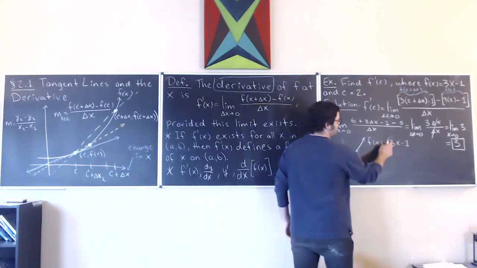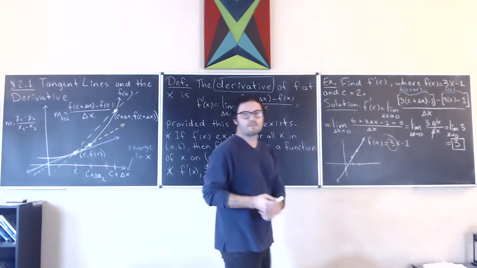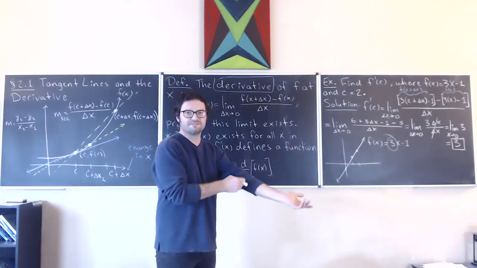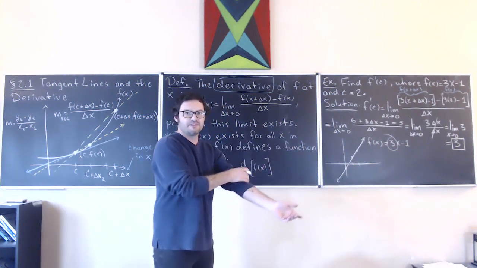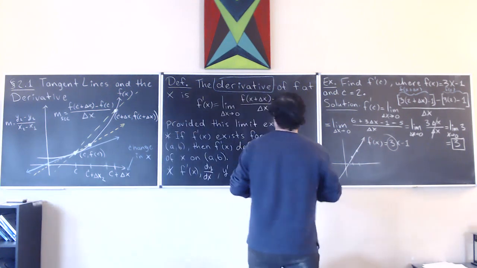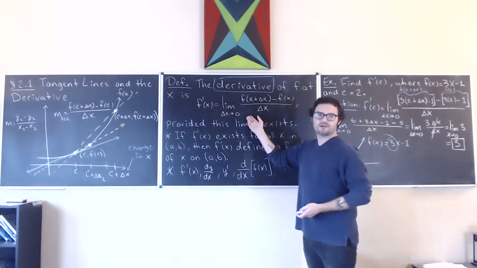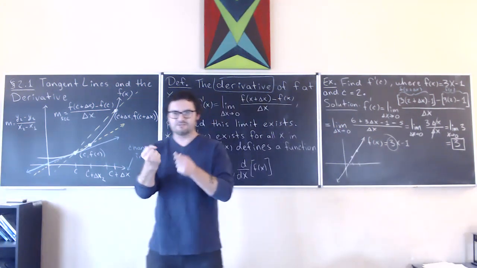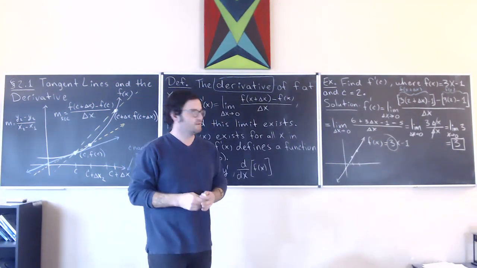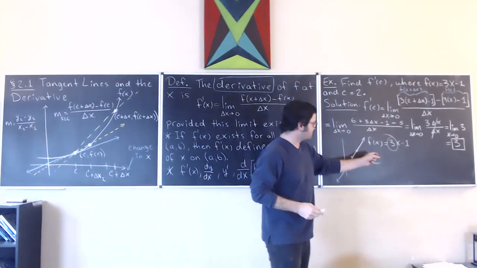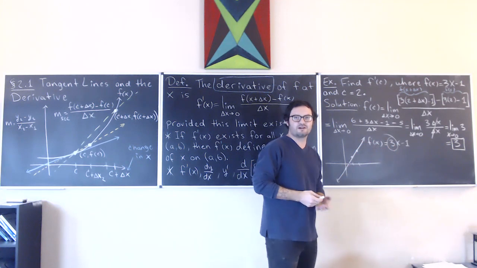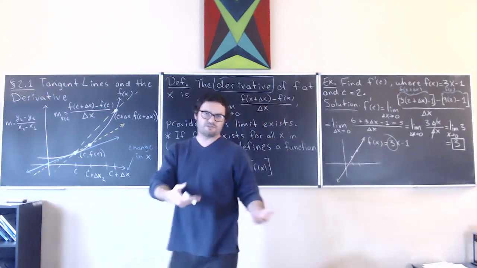And what's the slope? 3. So obviously it should be 3 in hindsight, right? If you remember this is trying to find the slope of the line tangent to the point on a graph, then any line that's tangent to a point on the graph of a line is just the slope of the original line. So it should make sense.